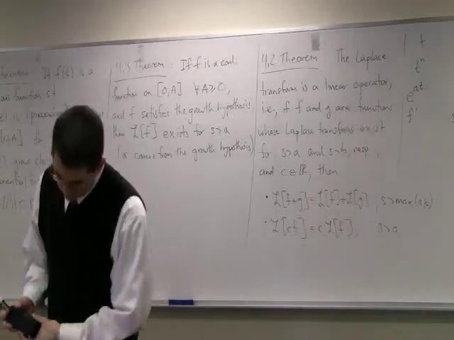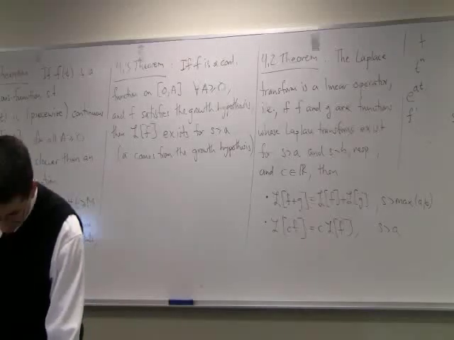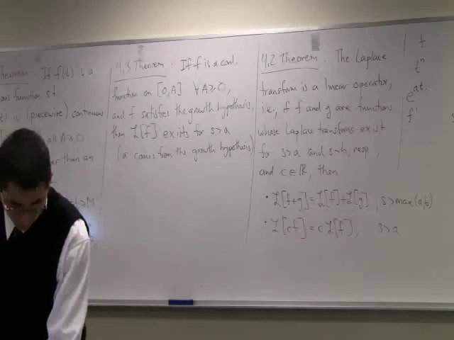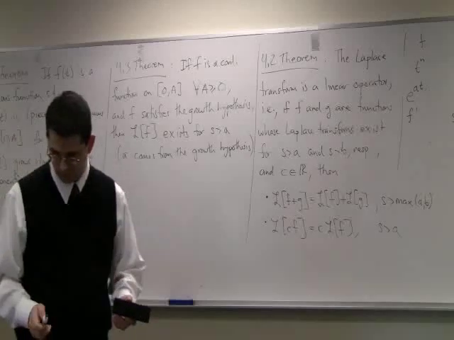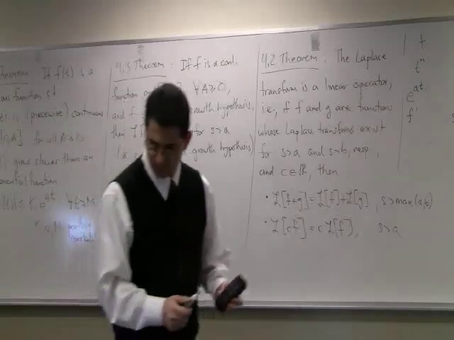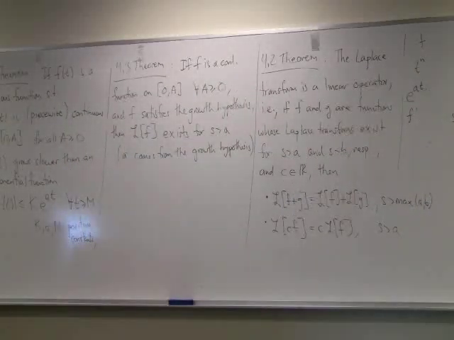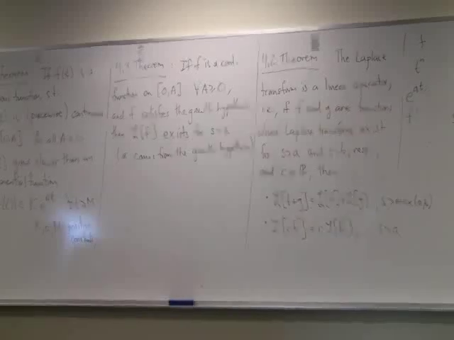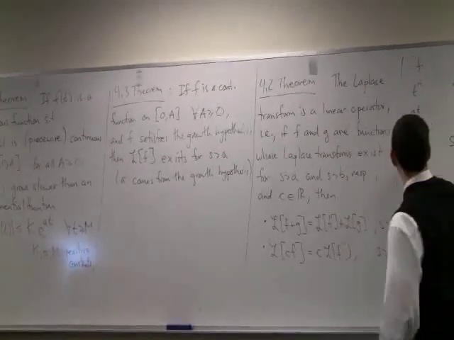Let's see. I don't know if I want to prove this next one. Maybe I won't. Maybe I'll just state it. Okay. So I want to solve this problem of what if you have higher derivatives? Let's see. Oh, we'll add to our table here.